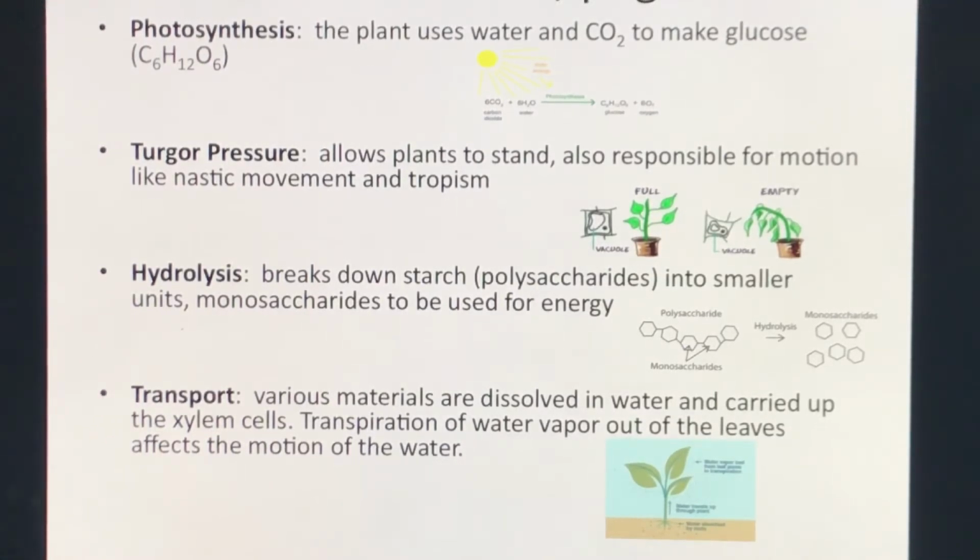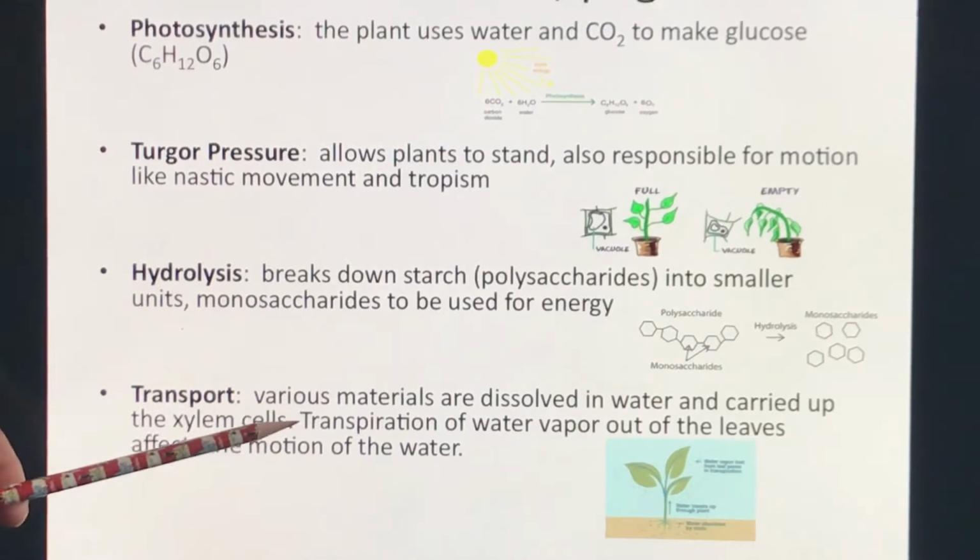And then in addition we have transport, that various materials are dissolved in water in the plant, and they can be carried up in the xylem cells, right, from the roots up through the stems and the branches and the leaves.